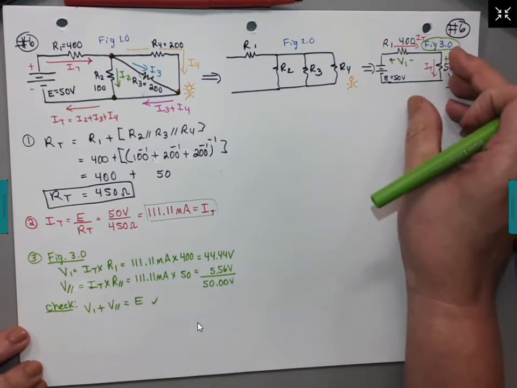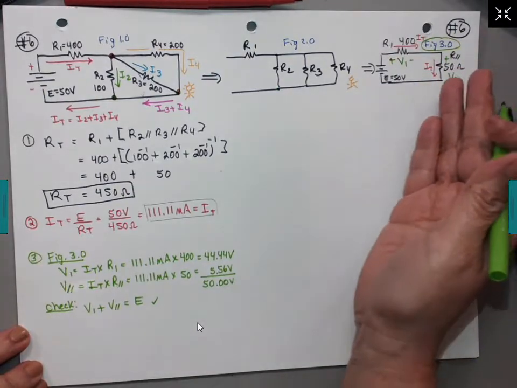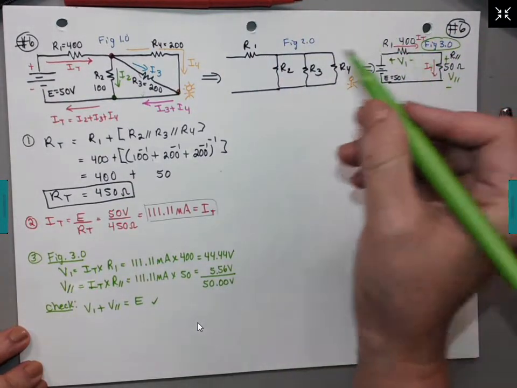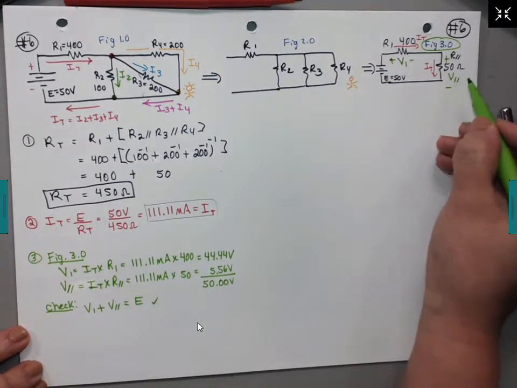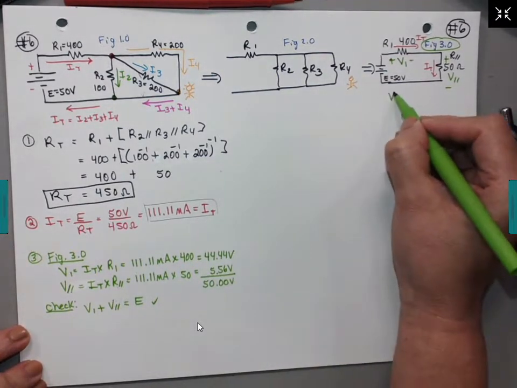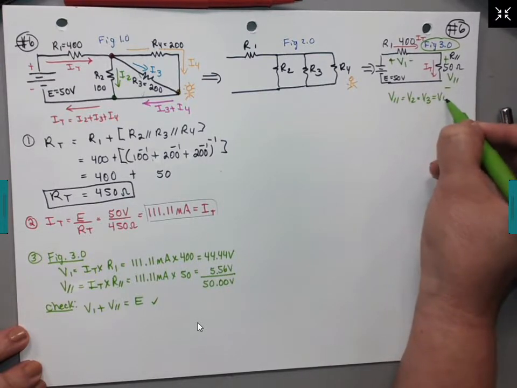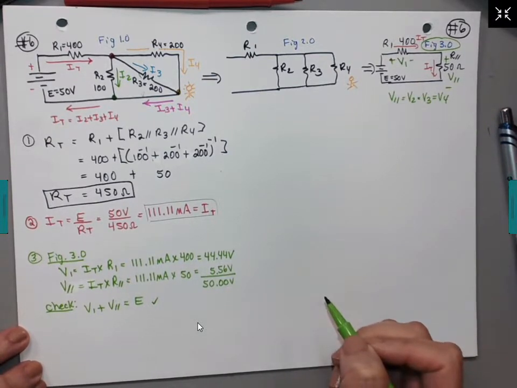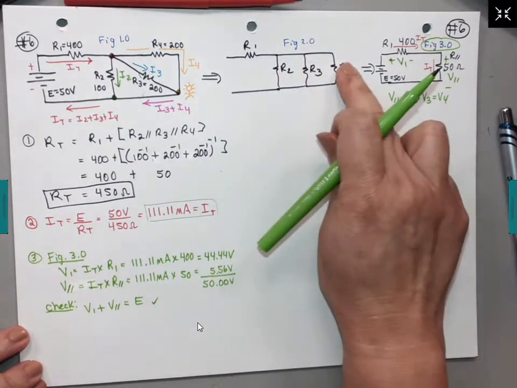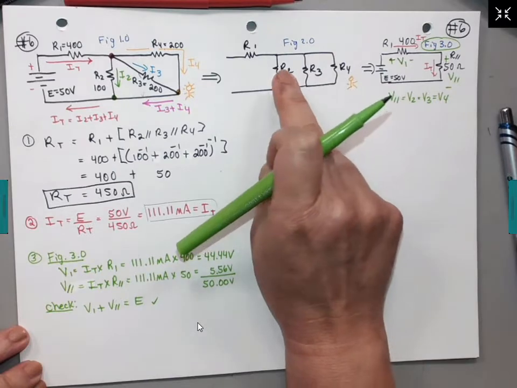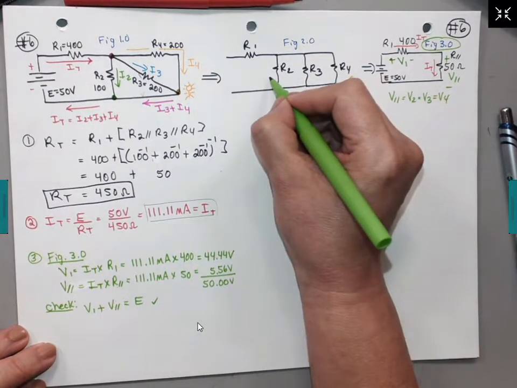So from this figure number 3, I can get V parallel. All my voltages, I can move them over here. V parallel is going to be the same thing as V2, V3, and V4. Do you see that? So you're going to go here. We did all these guys, and they're going to be 5.56.